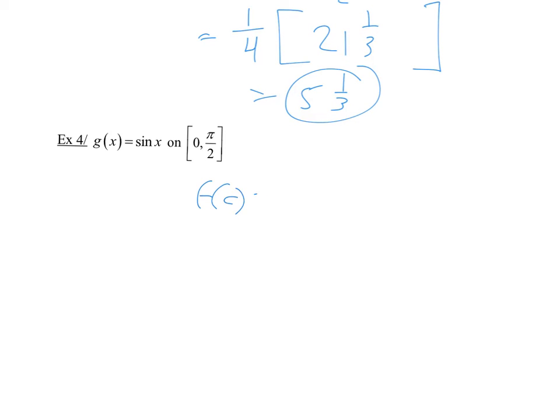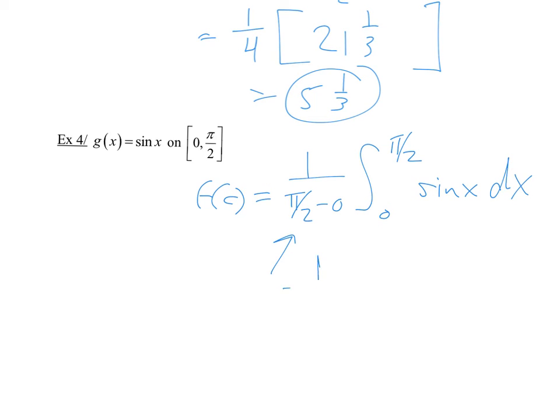F of c is going to equal 1 over pi over 2 minus 0. The reason we've got to be careful is we've got a fraction in our denominator there. The integral from 0 to pi over 2 of the sine of x dx. This will be 1 over pi over 2 times, when you Math 9 that, you're going to get 1. Well, I don't want to write my answer as 1 divided by a fraction.